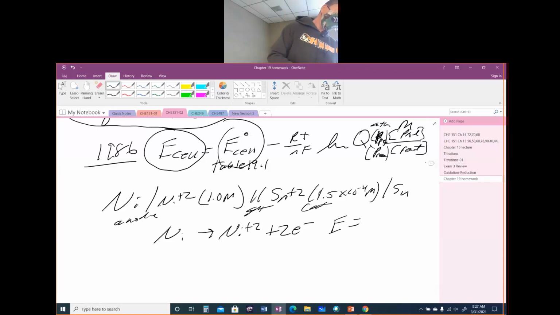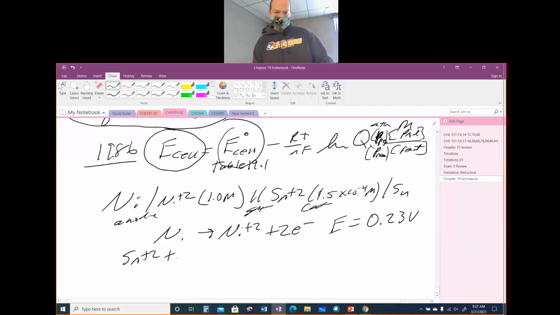And that is a negative 0.02, if I'm reading this. No. That is 0.23 volts.